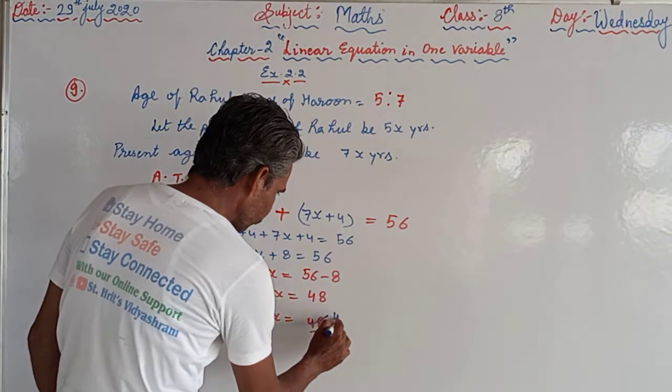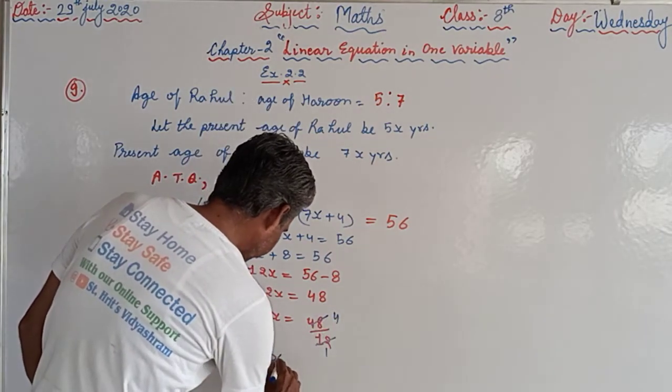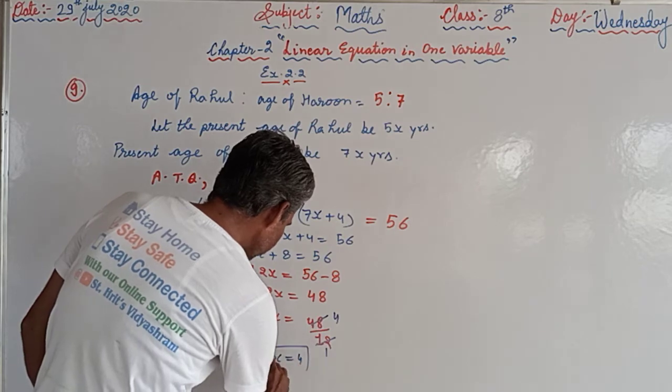12 ones are 12, 12 fours are 48. So x is 4.